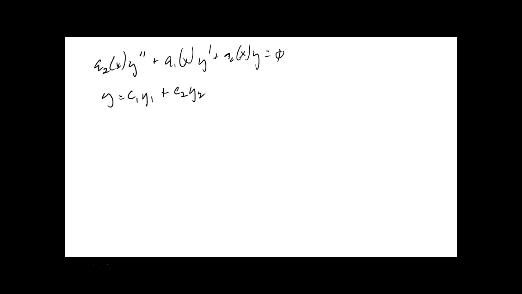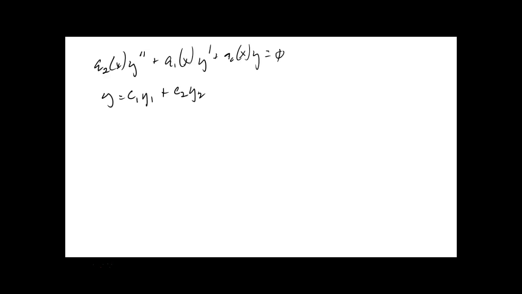Now, if they're linearly independent, and it's a second order problem, the quotient y2 divided by y1 is non-constant. Remember, if the quotient of y2 and y1 is a constant, they're linearly dependent. They've got to be. So if it's not a constant, then there's some variable included in it.